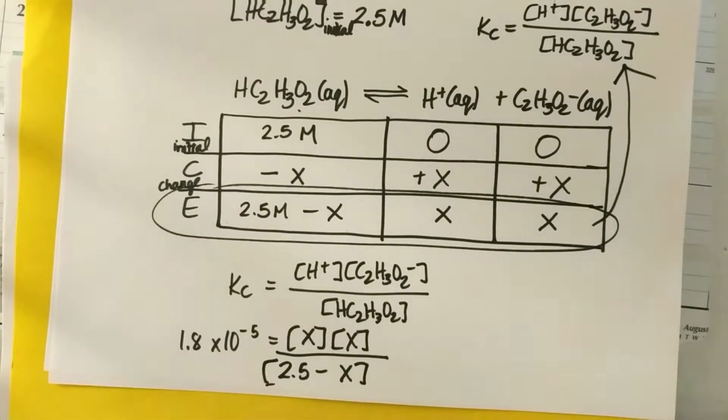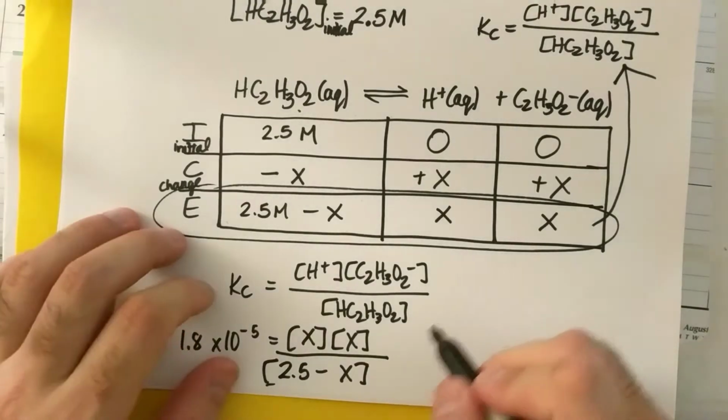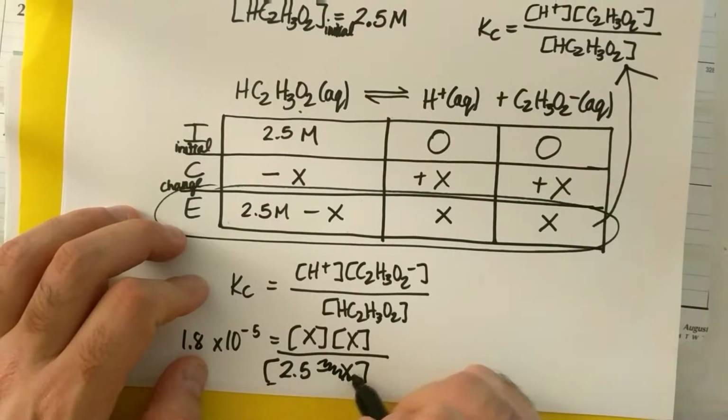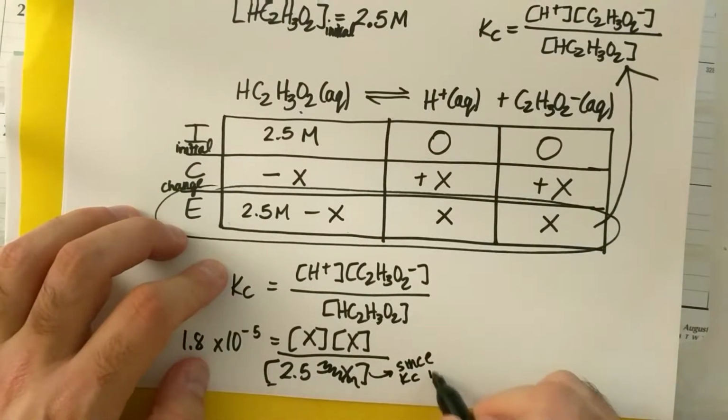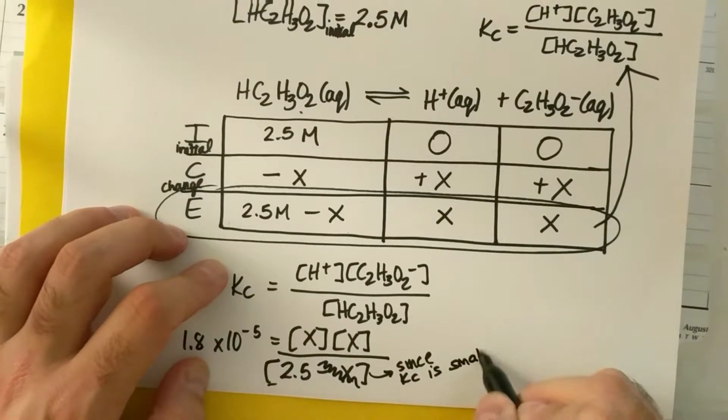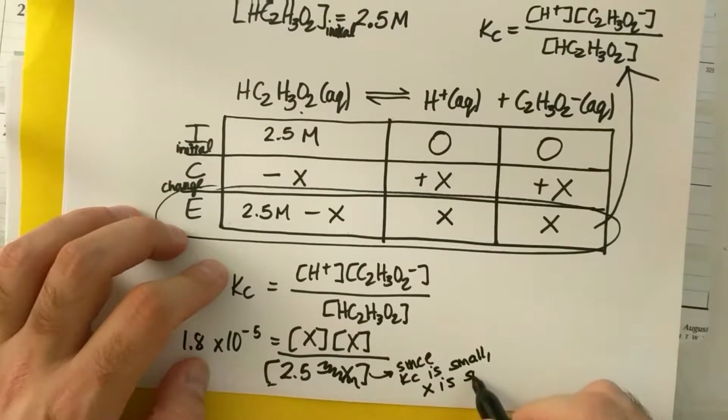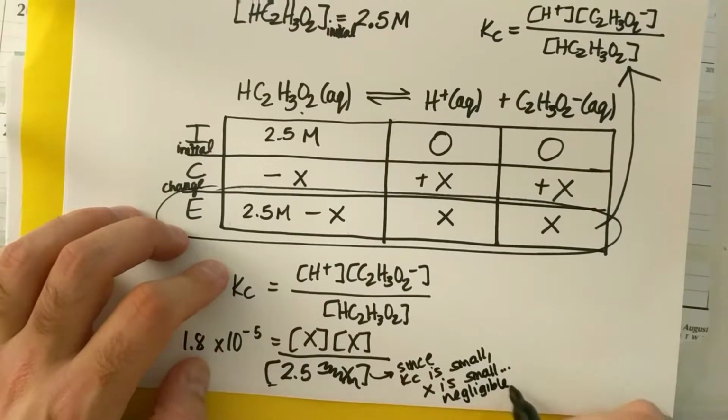Okay? Now, some of you, as you were showing me your work, did this whole quadratic business, which you end up getting about the same answer, but I want to show you a lovely shortcut, and the AP exam is fine with it, but you need to explain why you do this shortcut. Now, I'm going to eliminate this minus X, since Kc is small, X is small, negligible to subtract.